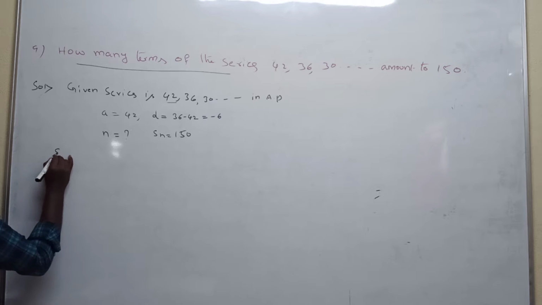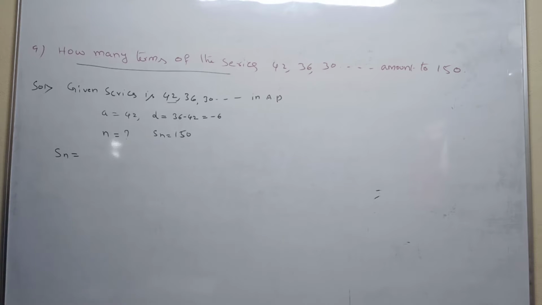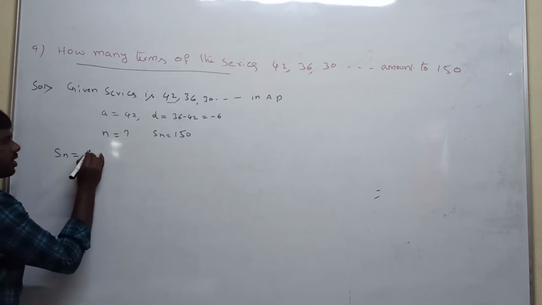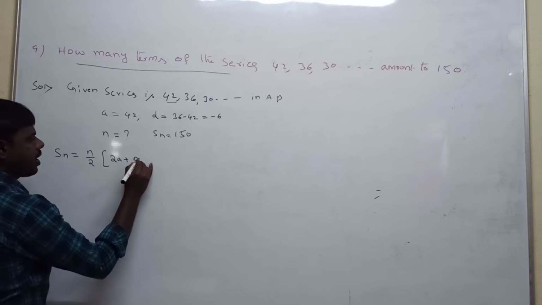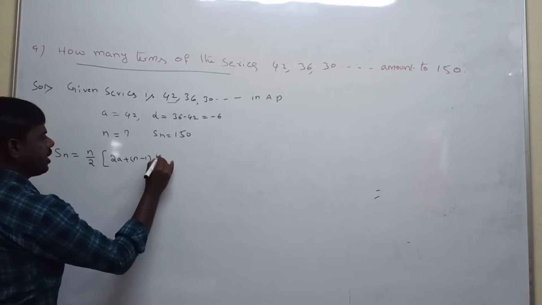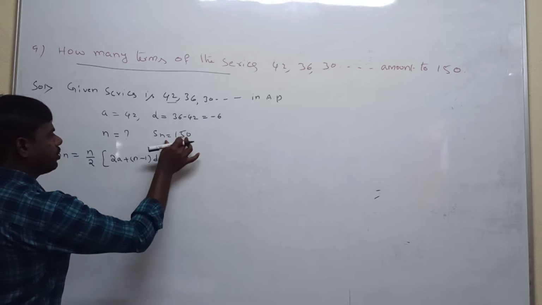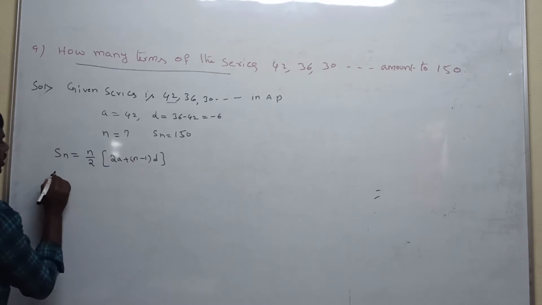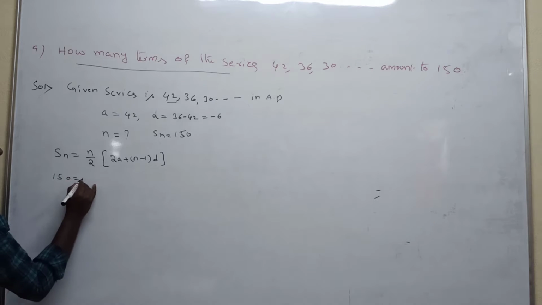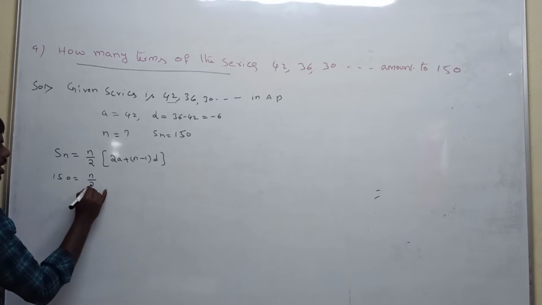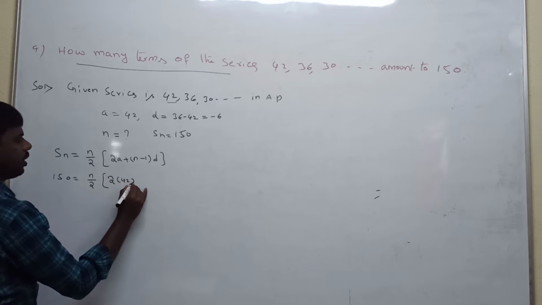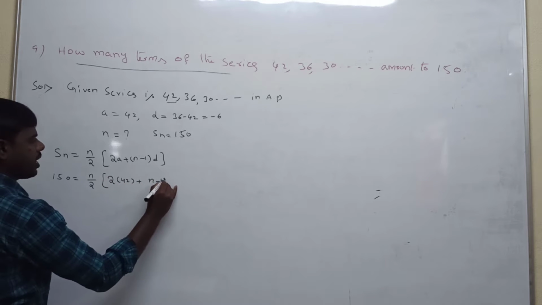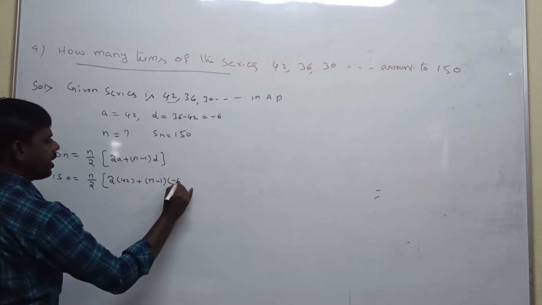Now applying the sum of n terms formula of the arithmetic progression: Sn is equal to n by 2 into 2a plus n minus 1 into d. Here applying all the values. The total sum is 150. The n value we don't know, so write it as it is. n by 2 into a value 42, n as it is, n minus 1 into d value minus 6.